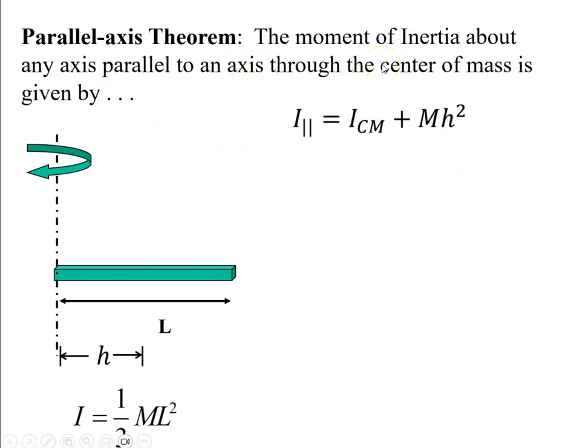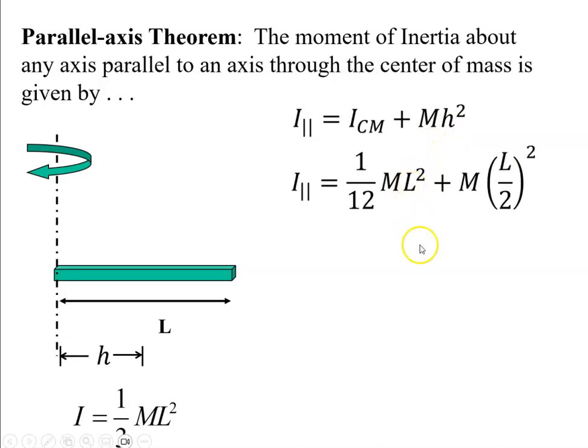This is something else you really need to make sure you understand because it's pretty easy actually. And what it says is the rotational inertia through any parallel axis is equal to the rotational inertia about the center of mass. That's what we found just a second ago, 1/12 ml squared, plus m times h squared, where h is how far we shift that axis.